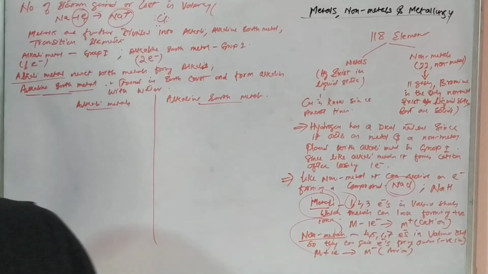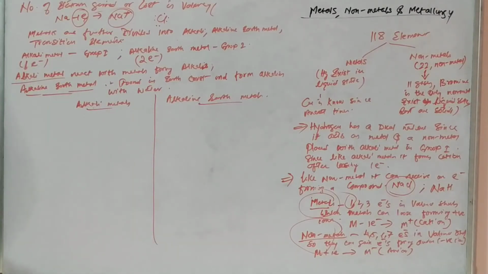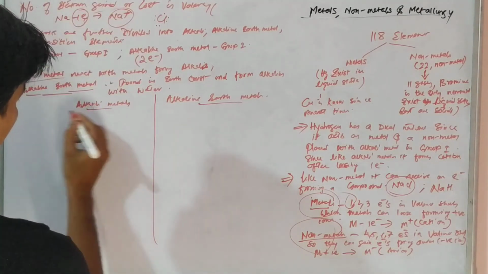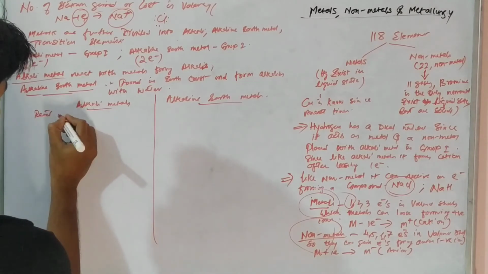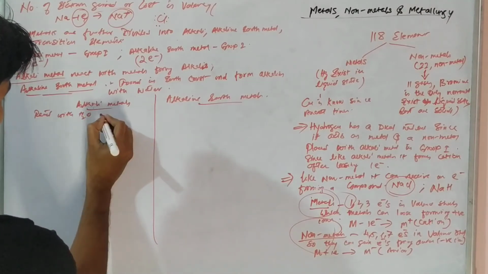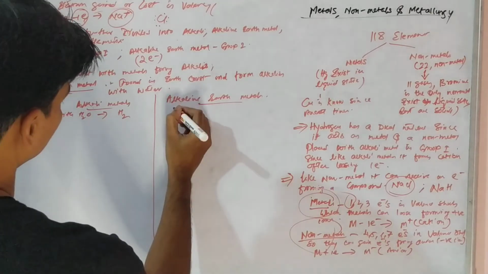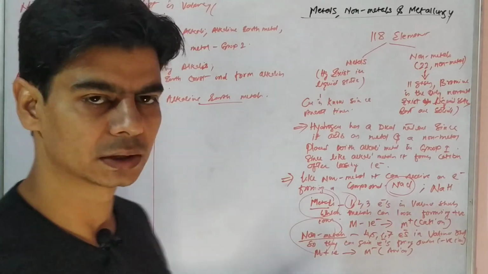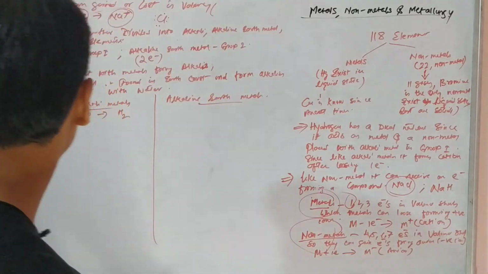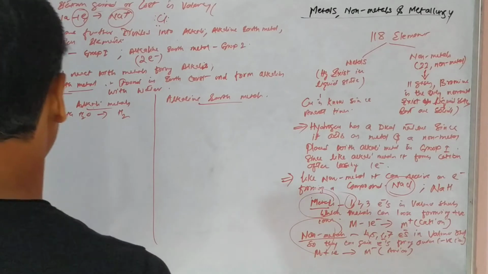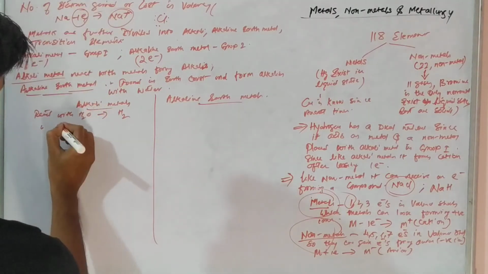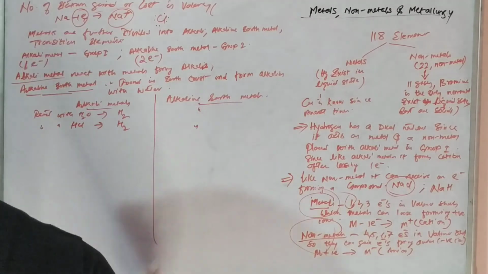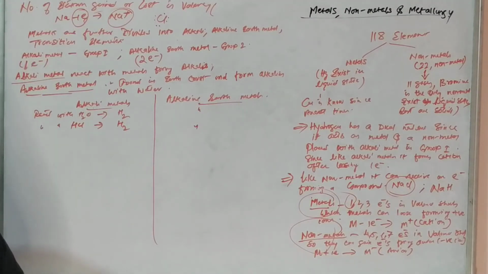So here we have a small comparison. These alkaline earth metals react with water, giving you hydrogen gas. And alkali metals are more reactive compared to alkaline earth metals. They react with acids, again giving you hydrogen. So same as here, they also react with acids forming hydrogen.